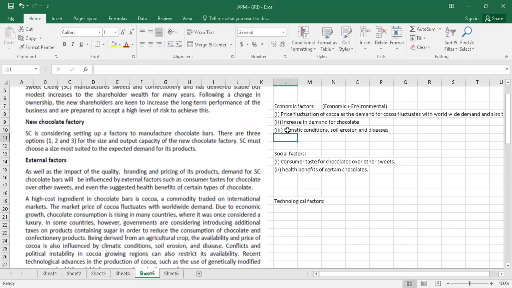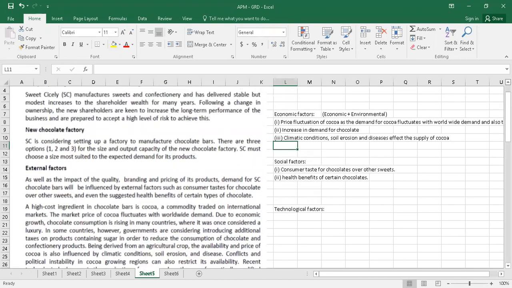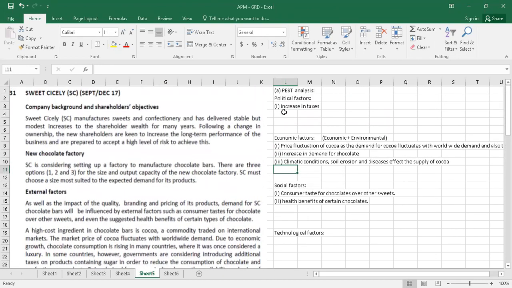So these things affect the supply of cocoa. Conflicts and political instability in cocoa growing regions. So conflicts and political instability, we write it under political factors.